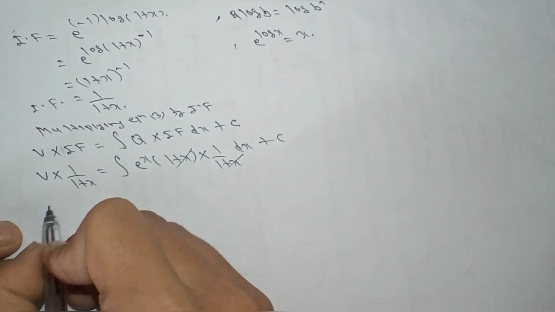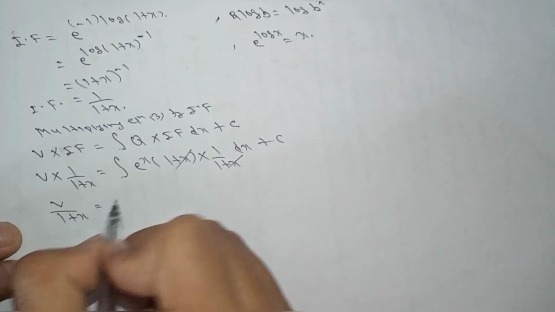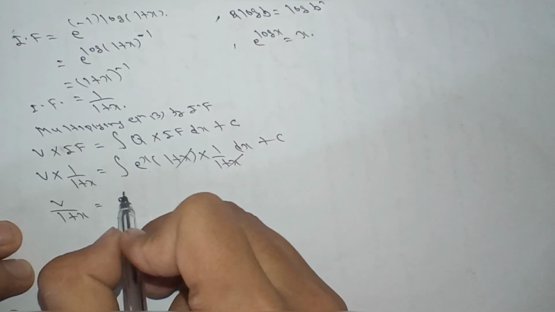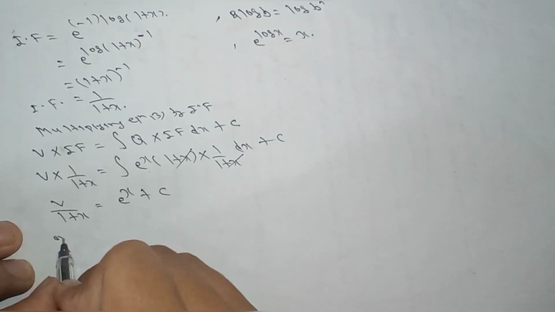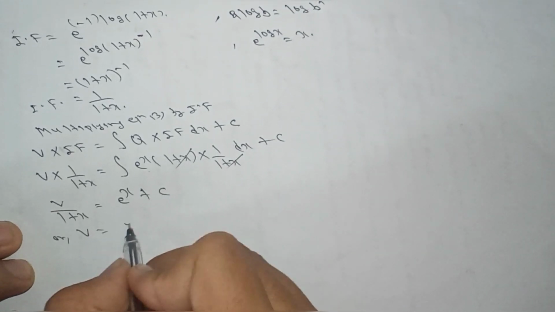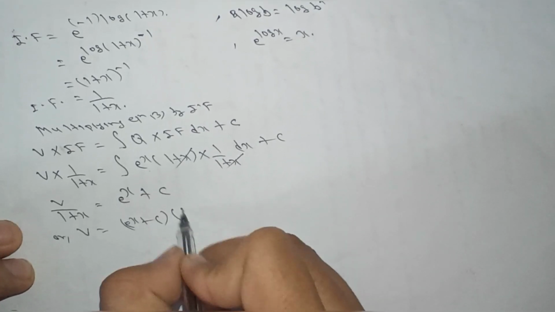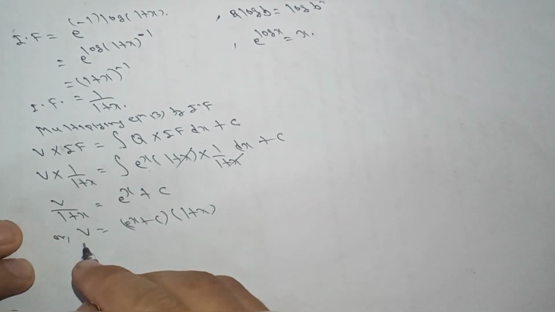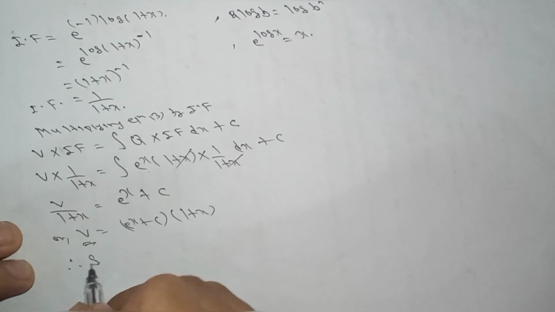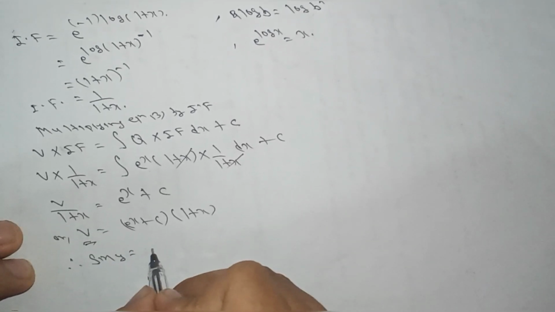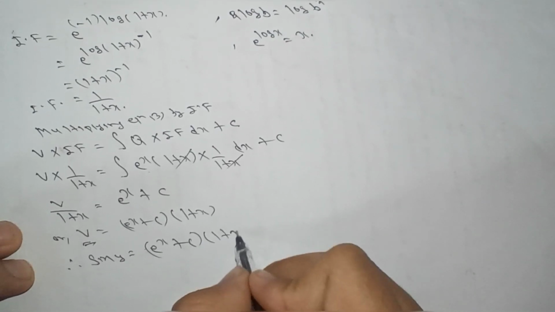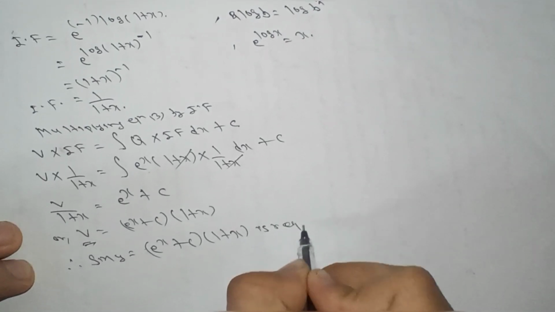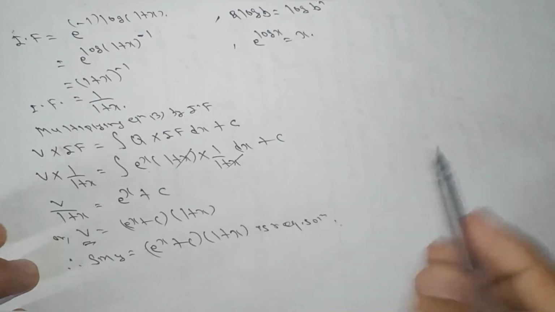This and this cancel out, so we have the integration of e power of x, which is e power of x. So b is equal to e power of x plus c, into 1 plus x, and as we supposed b is equal to sin y, therefore sin y is equal to e power of x plus c into 1 plus x, which is the required solution. Okay, so in this way we can solve this question.